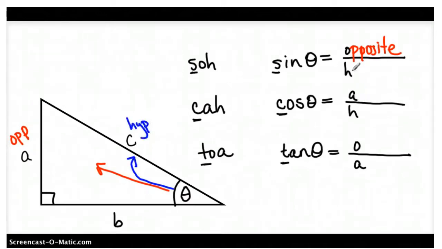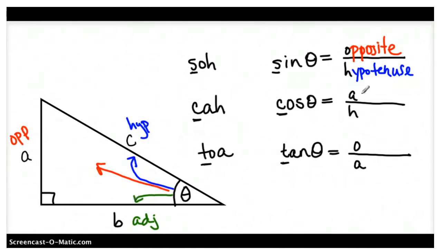Hypotenuse. Here, in CAH, the A stands for adjacent. Adjacent is just a fancy word meaning next to. The adjacent is always a leg, because it can't be the hypotenuse.